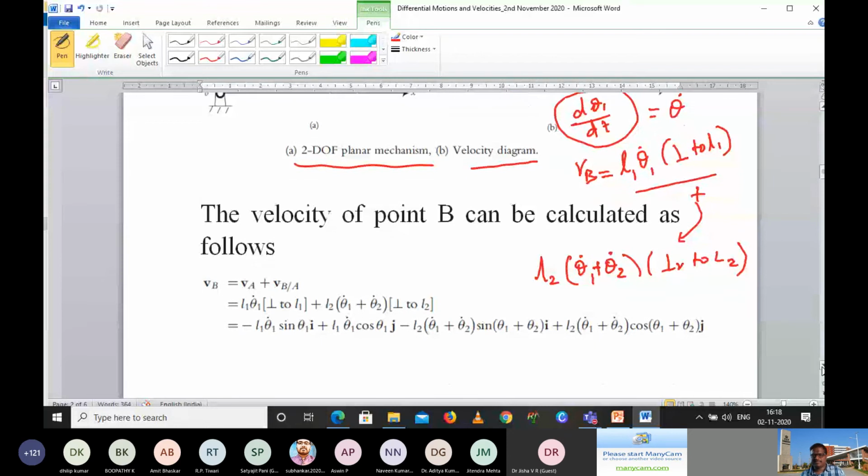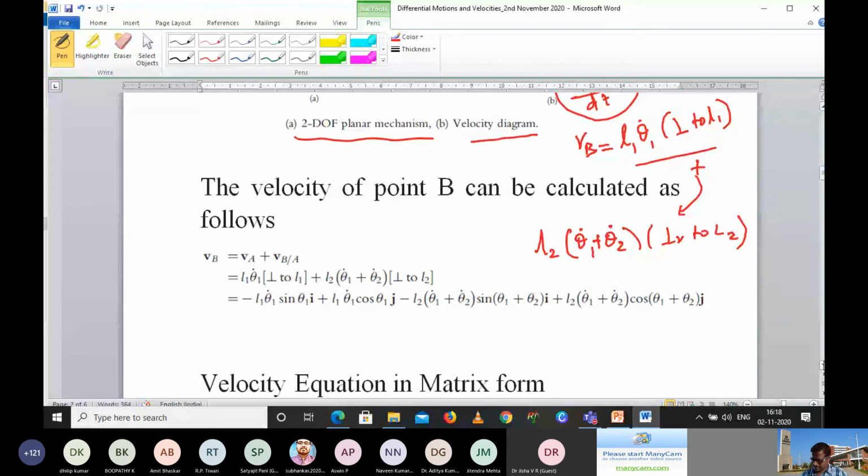Are we clear about this, or do you have any doubt? Okay, fine. In the morning we saw L1 sin theta 1 and L1 cos theta 1, that is the perpendicular distance. And then we saw L2 sin of theta 1 plus theta 2 and L2 cos of theta 1 plus theta 2 j.